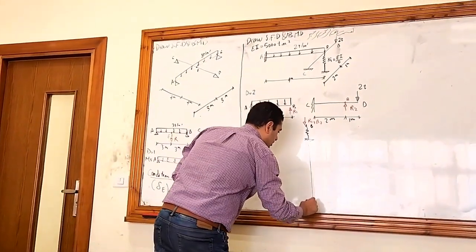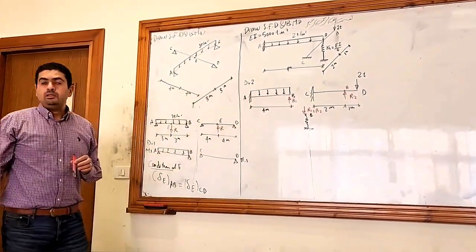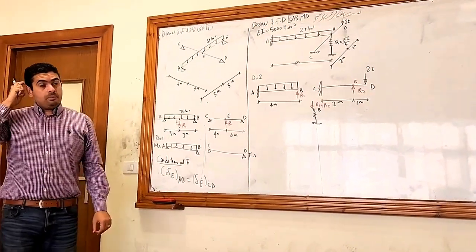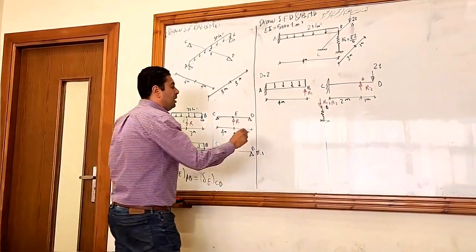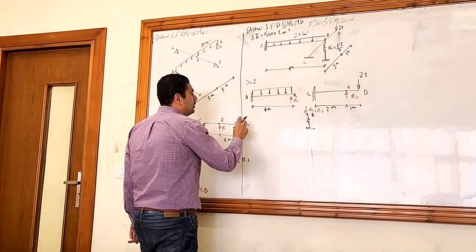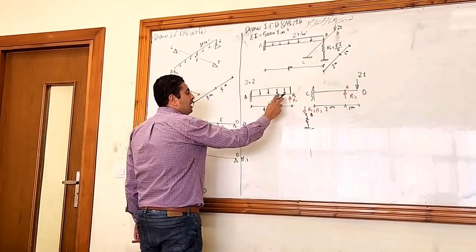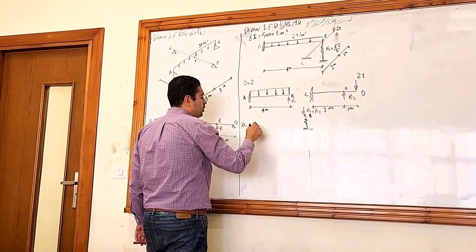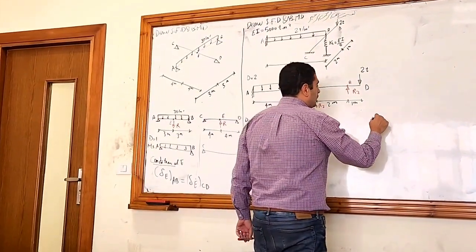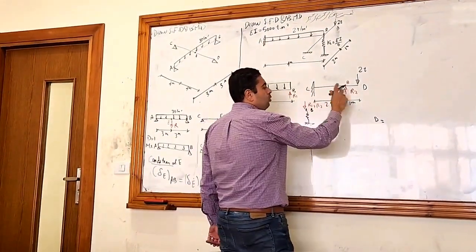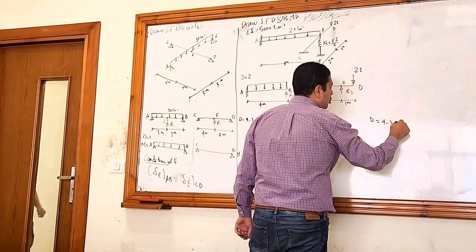So let's solve this till the end. What will be the first step? I will start from part AB. The first step is the degree. What will be the degree? 3 and 4 redundants minus 3 equations, so the degree is 1. What is the degree here? The same. 3 and 4, 4 minus 3 is 1.